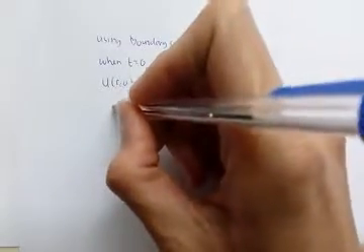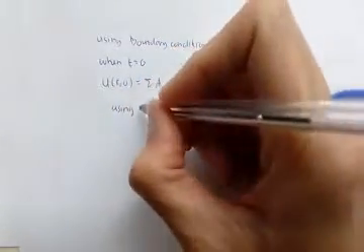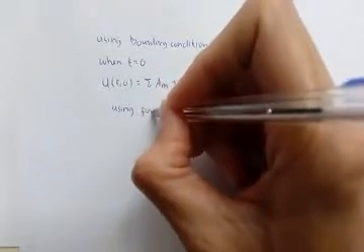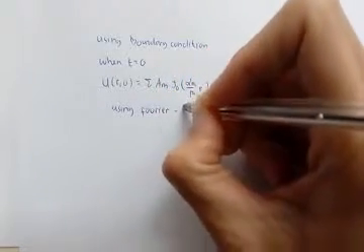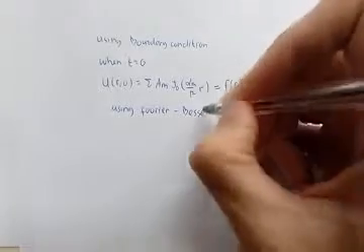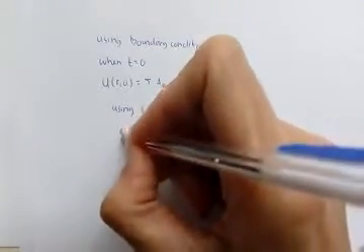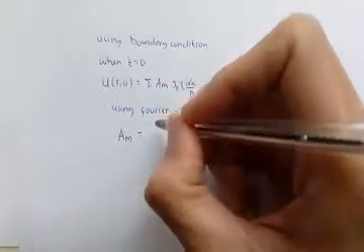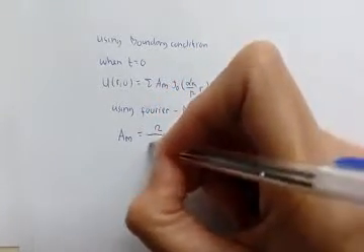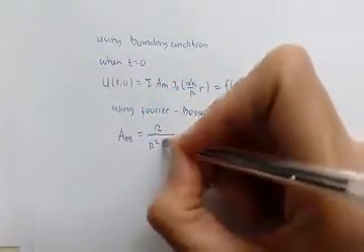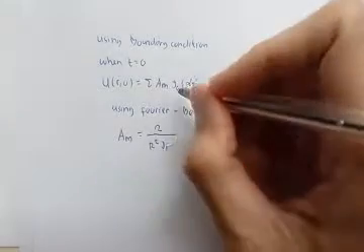And we are using the Fourier-Bessel series. We'll have a_m equal to 2 over R squared J_1, which is 1 because this is 0.